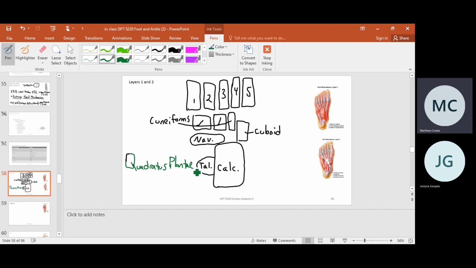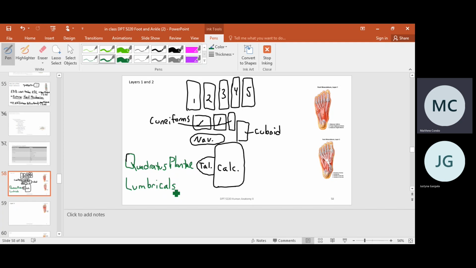And the second one, I will say, is going to be an oldie but a goodie. All right, we can't get away from those lumbricals.